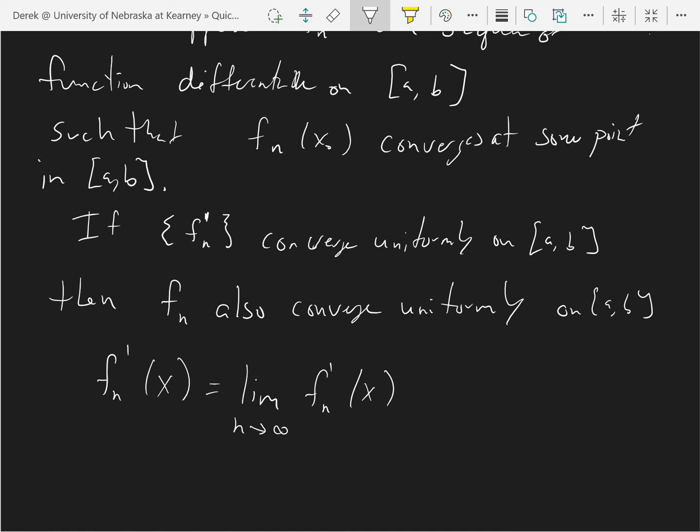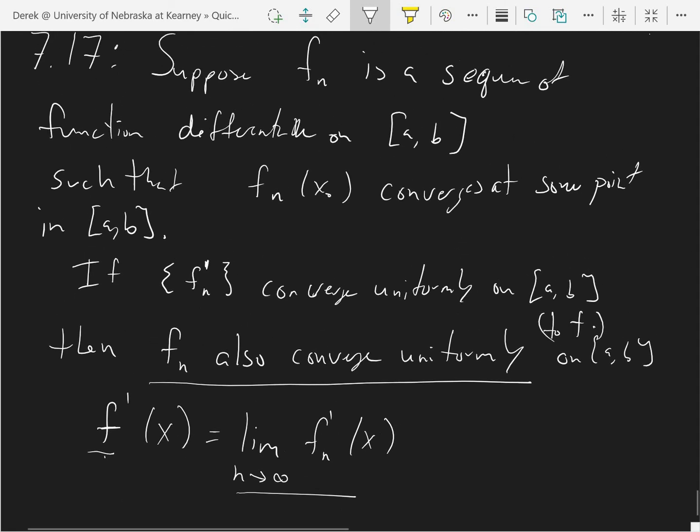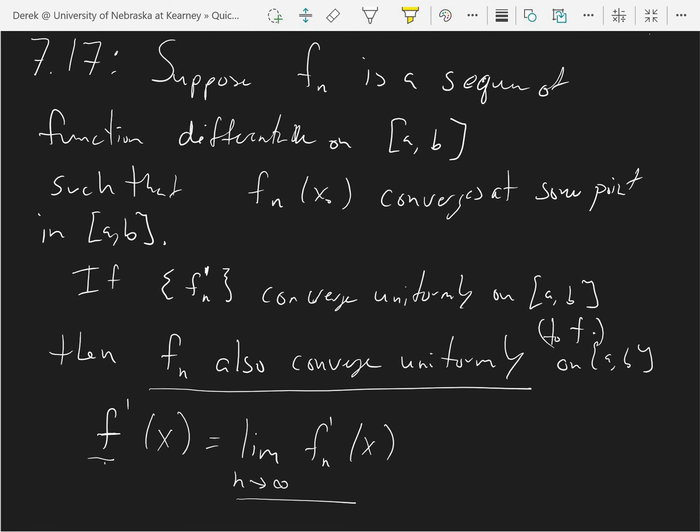So not only do they converge uniformly, their limit is differentiable. Let's say they converge to f. So they converge uniformly, they converge to f, f is differentiable, and it's the limit of the derivatives, so it is what we want. But what we had to do was control how wild those derivatives were.